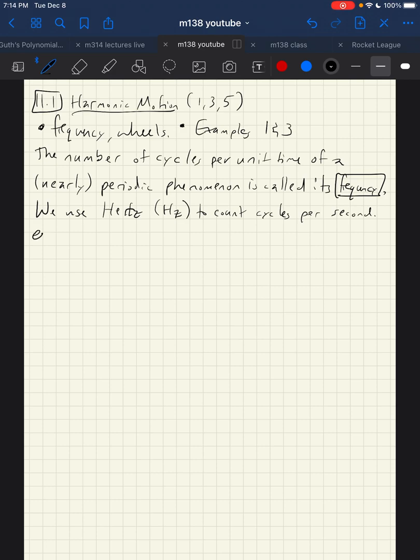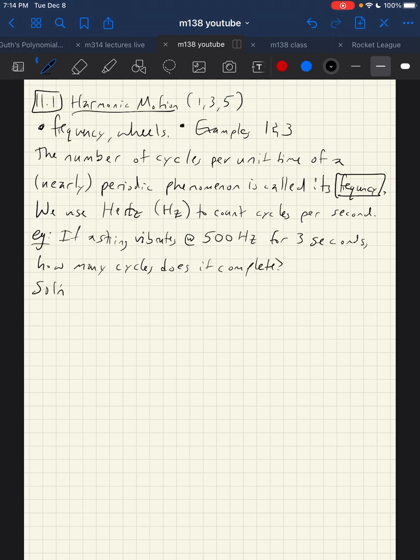So, as a quick example, if a string vibrates at, let's say, 500 hertz for 3 seconds, how many cycles does it complete?